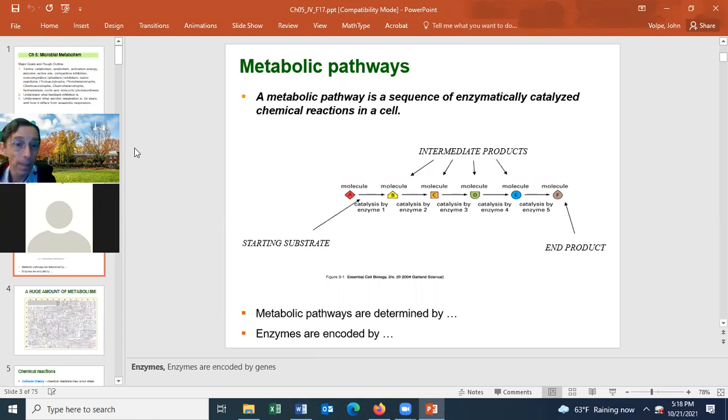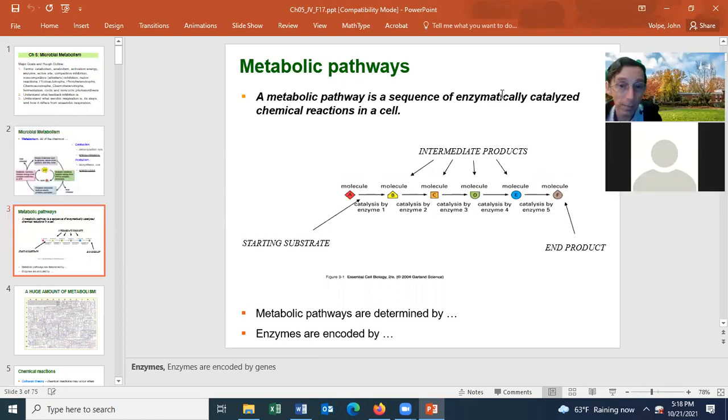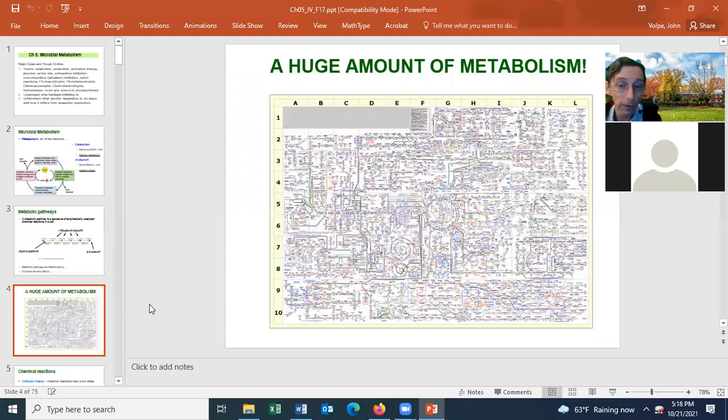All right. Cells will have metabolic pathways to convert one molecule into an end product. Here are all the chemical reactions occurring within a typical cell. You only have to know all of them, okay?